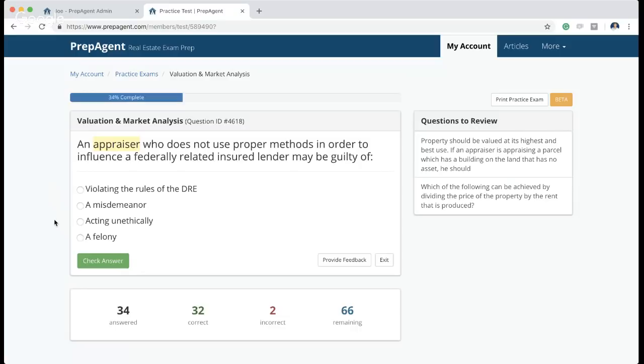An appraiser does not use proper methods in order to influence a federally related insured lender. May be guilty of A, violating the rules of the DRE. B, a misdemeanor. C, acting unethically. Or D, a felony.